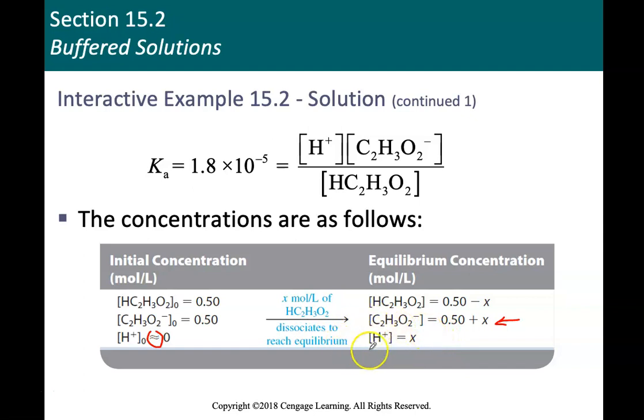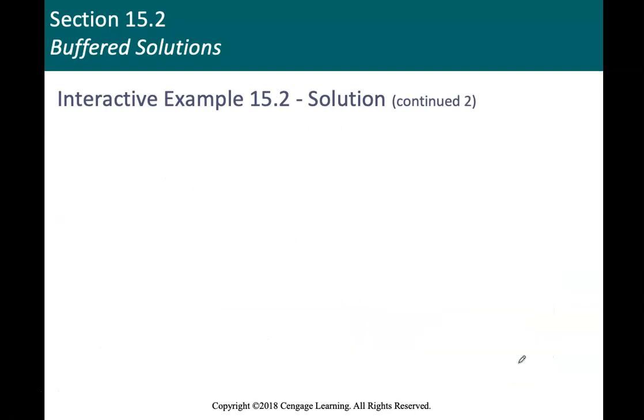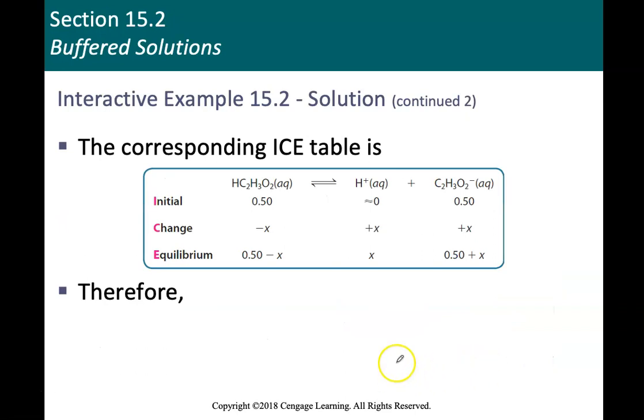And this one remains X, which is part of the ICE setup. So in this ICE table, the initial conditions are 0.5, 0, and 0.5, which is the common ion source from the salt, then minus X, plus X, plus X, and at equilibrium 0.5 minus X, X, 0.5 plus X.